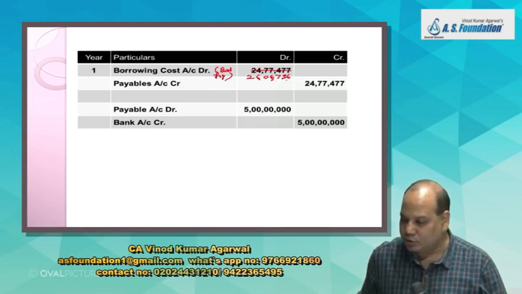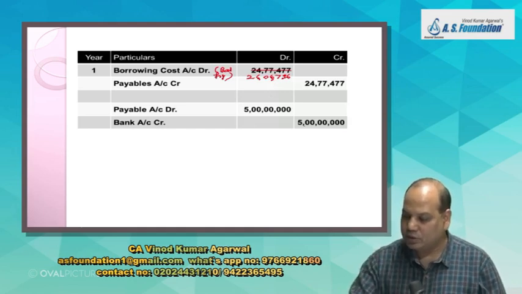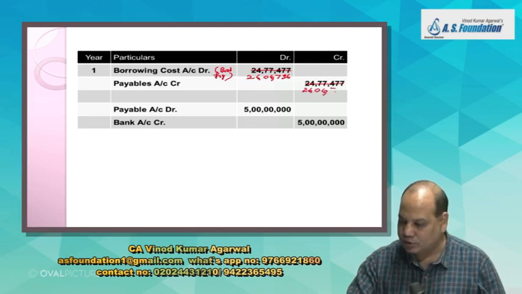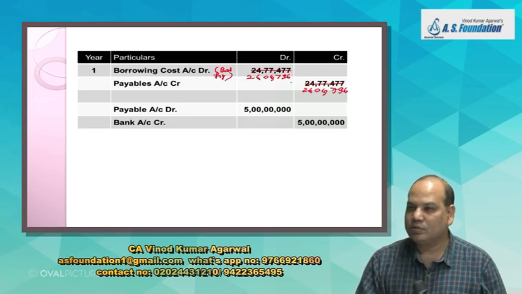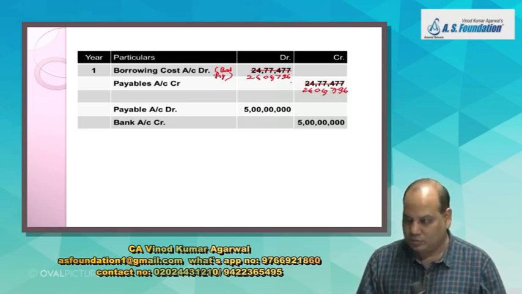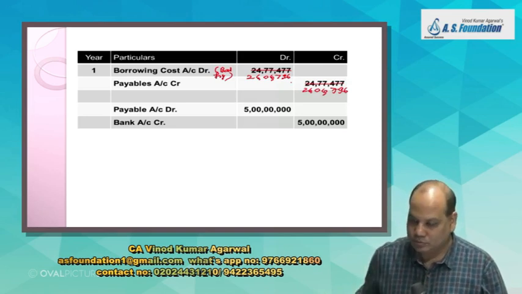Some difference will be there. You take such a number that after paying 5 crore, the balance should become 0. Okay. Is the balancing figure 2606,796? So that the total becomes 5 crore.